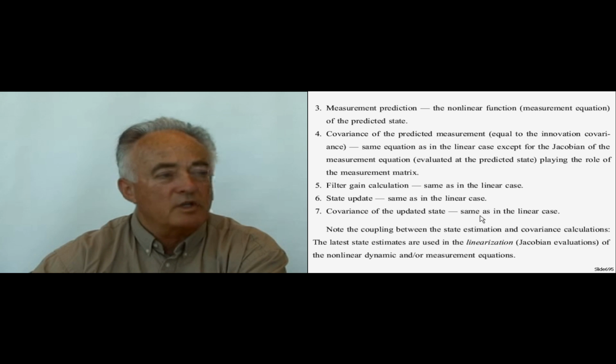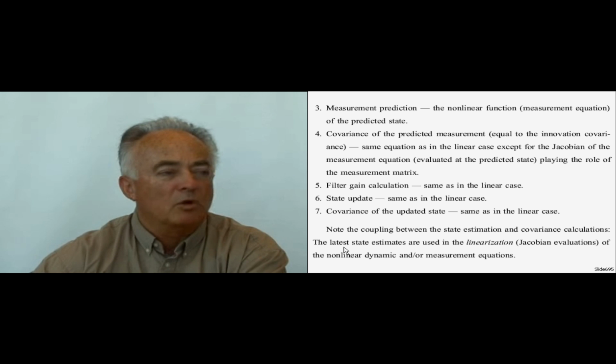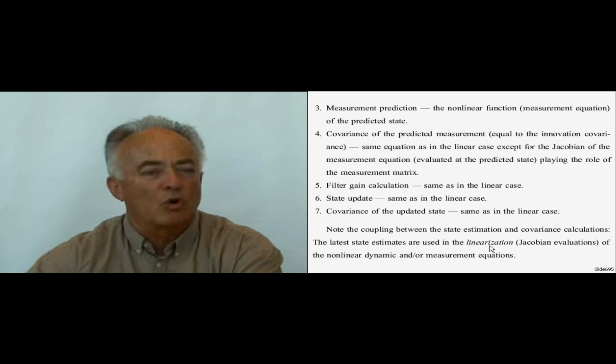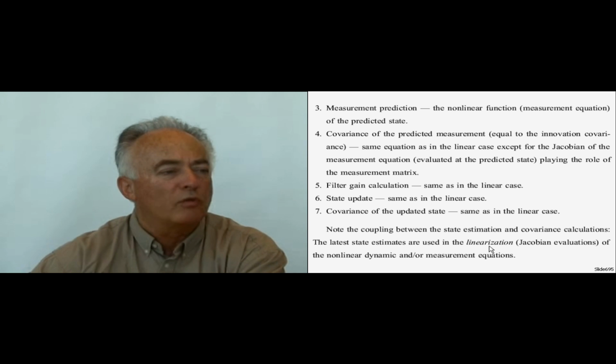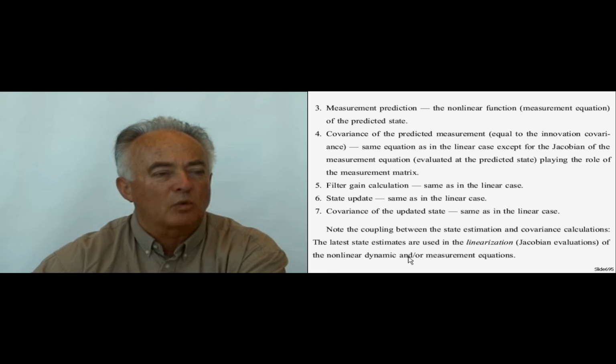We know that there is a coupling now between the state estimation and covariance calculations. The covariances are not available offline, they are not state independent or measurement independent, because we use the latest state estimates in the linearization or in the Jacobian evaluations of the nonlinear dynamic and/or measurement equations.